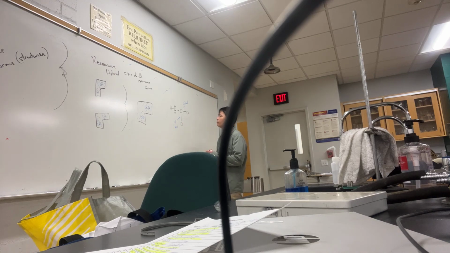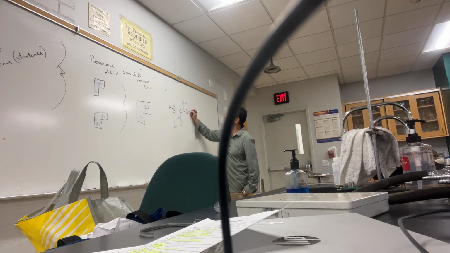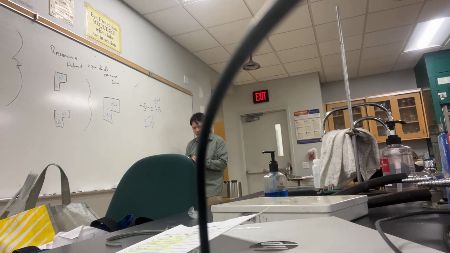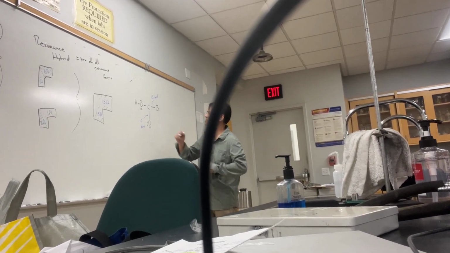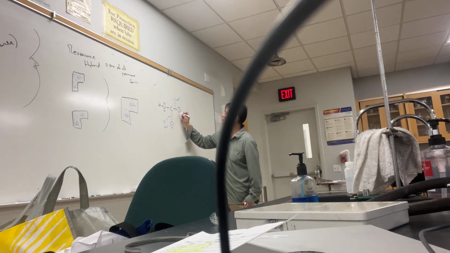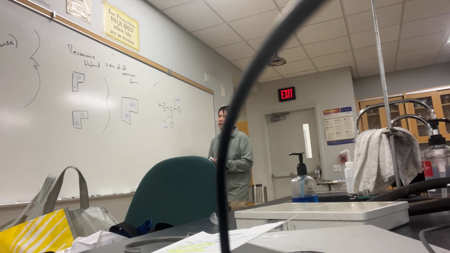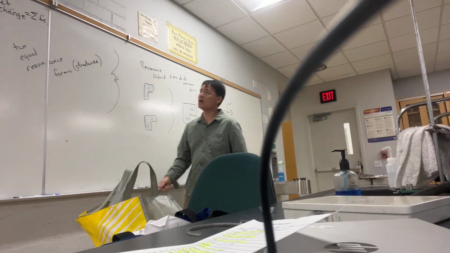And so the charge that results is not 0 and negative, and it doesn't fluctuate 0, negative, 0, negative. The charge that results here is a -1 charge distributed over 2 oxygens. So we get -1 over 2 oxygens, which gives us a -1/2 and a -1/2.